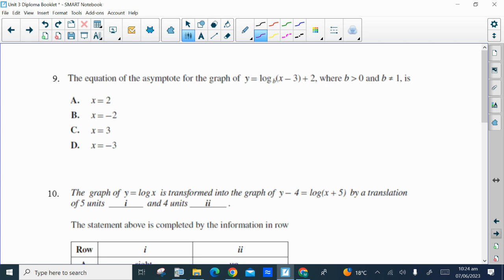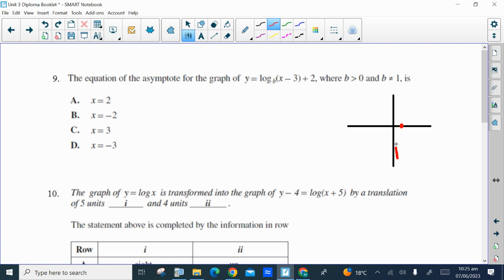Number 9, the equation of the asymptote for that graph. Well, remember that the graph of y equals log base b of x, the graph of a logarithmic function, has the y-axis as an asymptote unless it's been transformed. The x-intercept is 1.